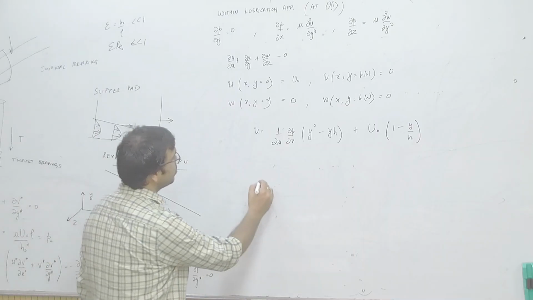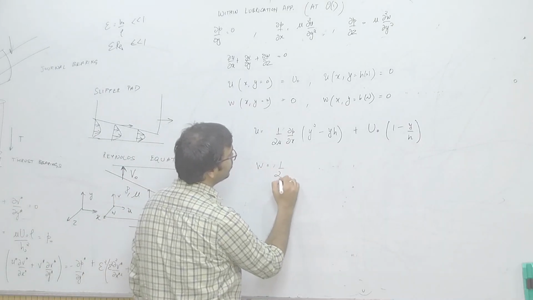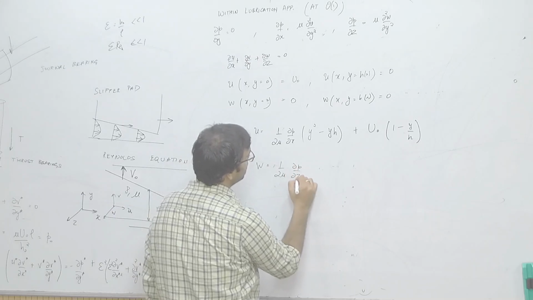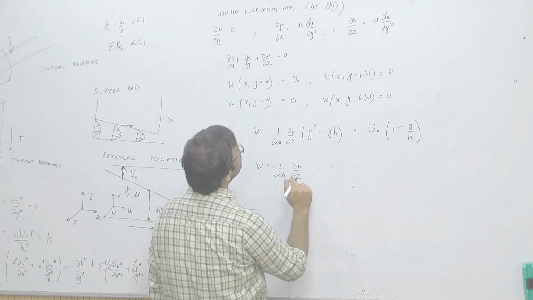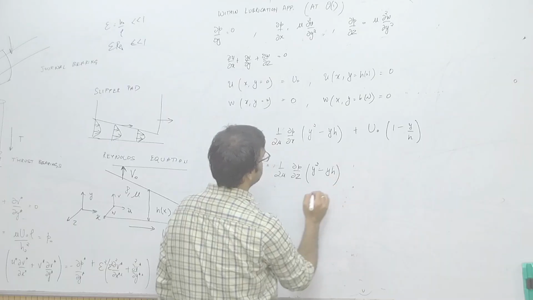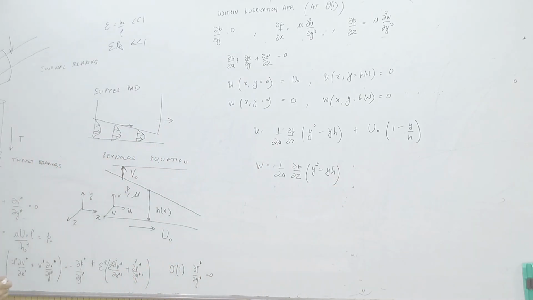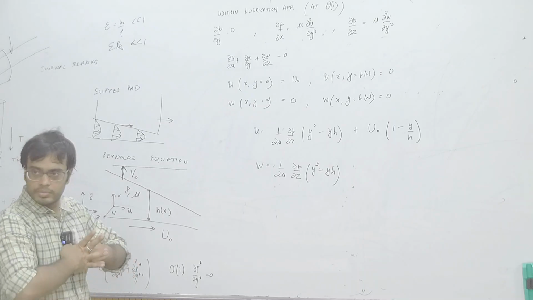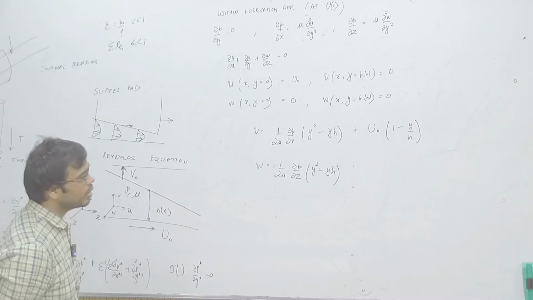And then w will simply be 1 by 2 mu del p over del z times y square minus y h.